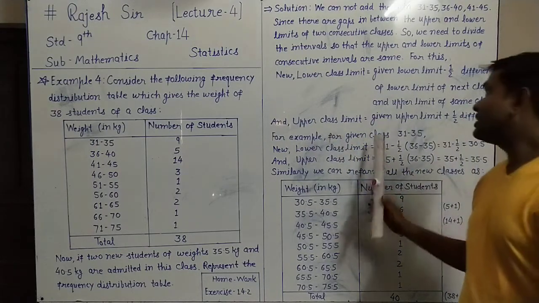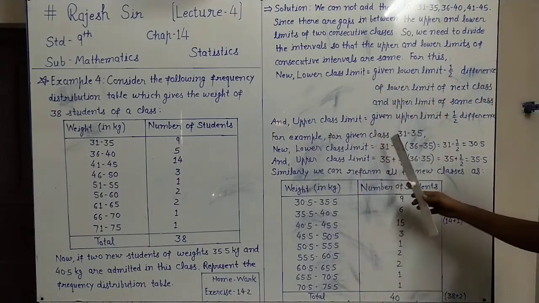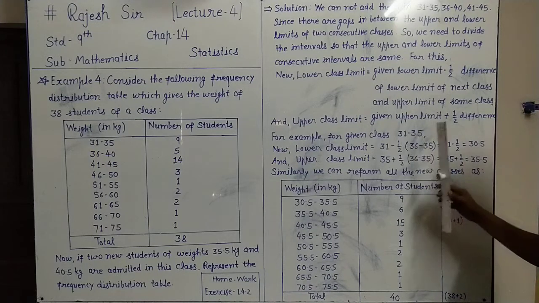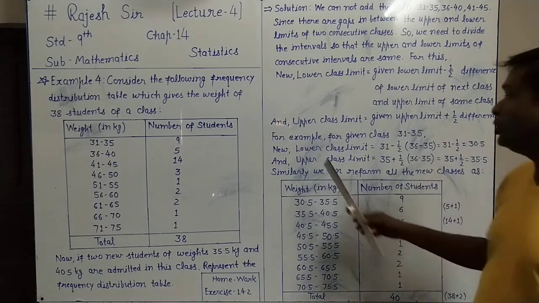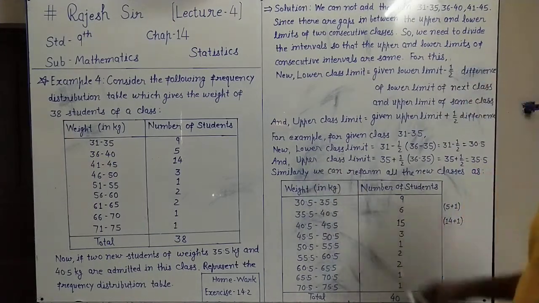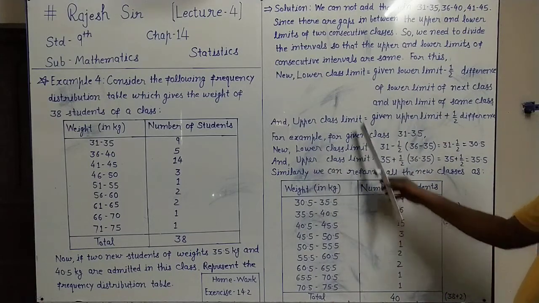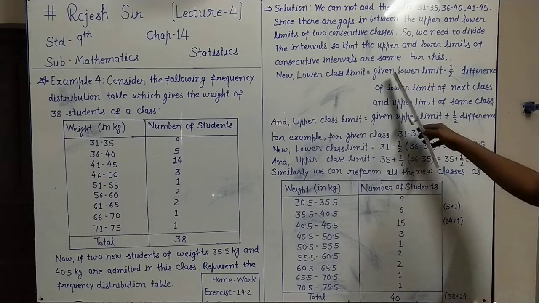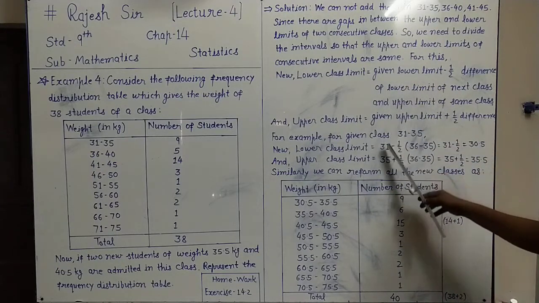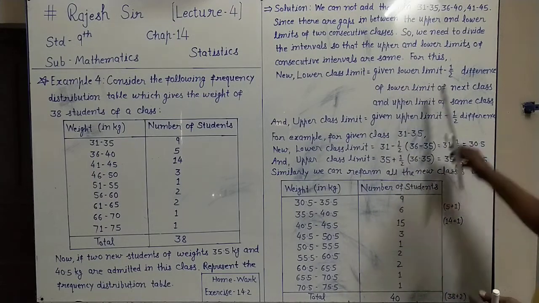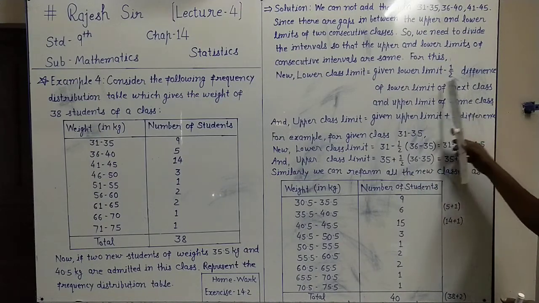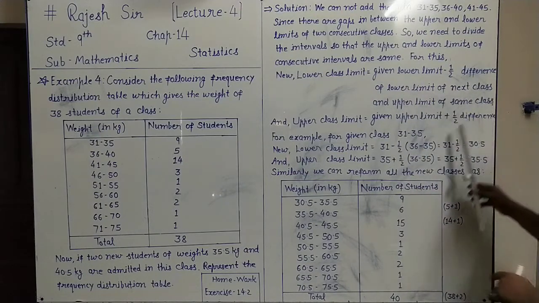For example, to understand this definition, if you are considering the class 31 to 35, its lower limit is 31 and 35 is the upper limit given. Now we want to find the new lower class limit. As the formula we have mentioned here, the lower class limit equals the given lower limit 31 minus half the difference of the lower limit of the next class.